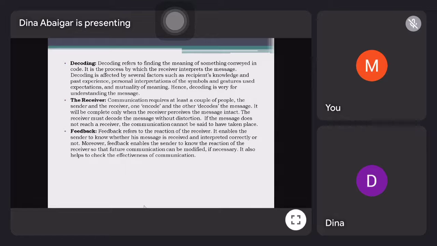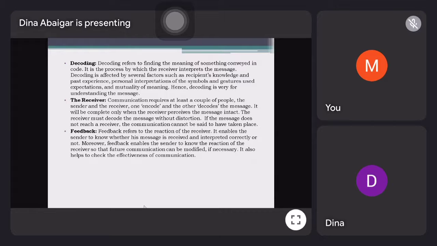Yes, feedback is very important. Feedback must come from the receiver. Feedback is a big help for the sender to know if her or his receiver has fully understood what he or she is talking about.